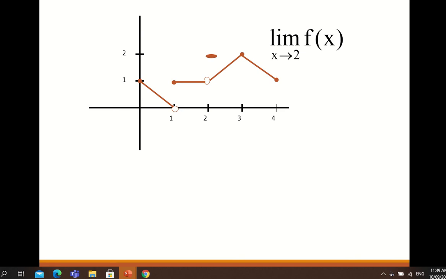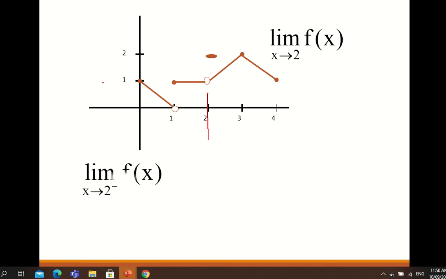Next, we are given the same graph as in the previous one, but this time we have the limit of the function of x as x approaches 2. So the same thing, we have to find the limit of the function as x approaches 2 from the left and also from the right, and then compare both limits.